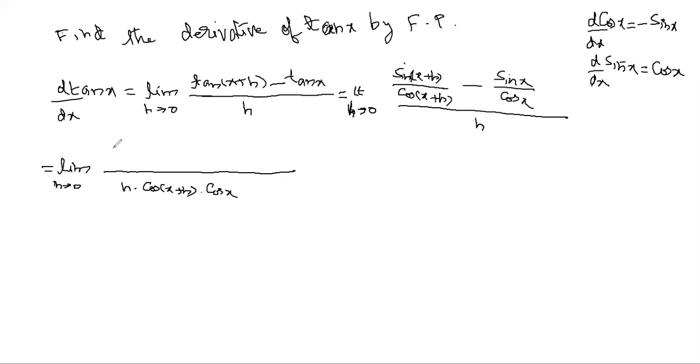We can multiply now: sin of x plus h into cos x minus cos of x plus h into sin x.